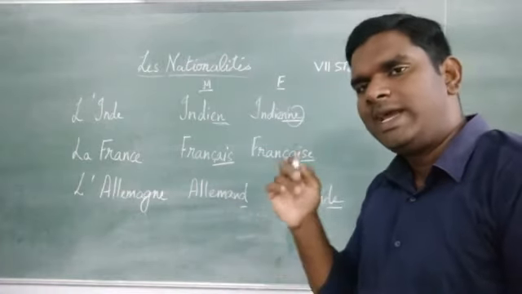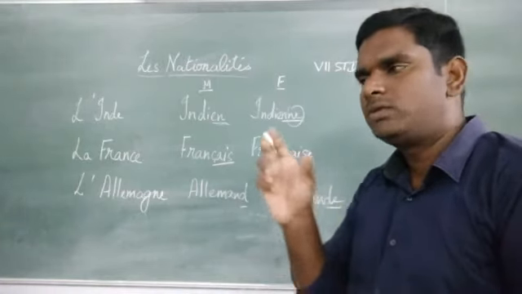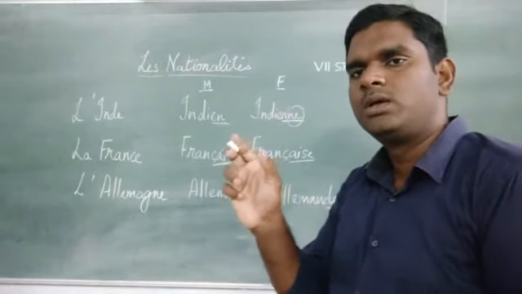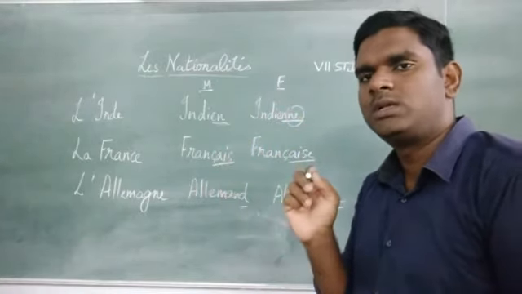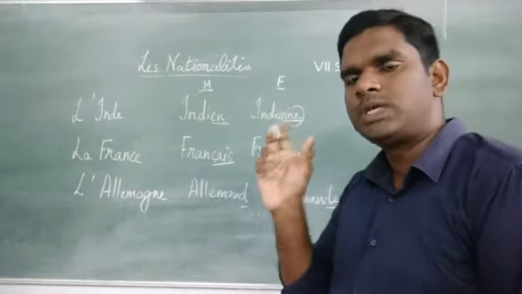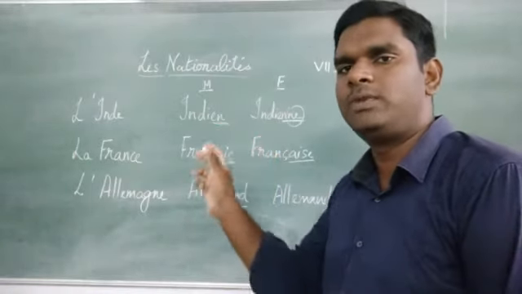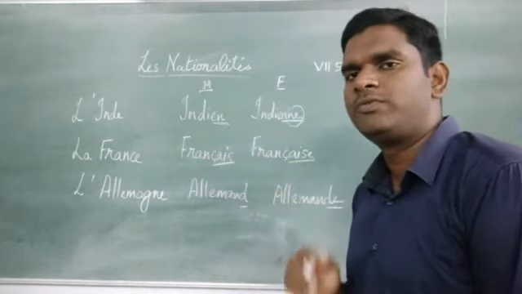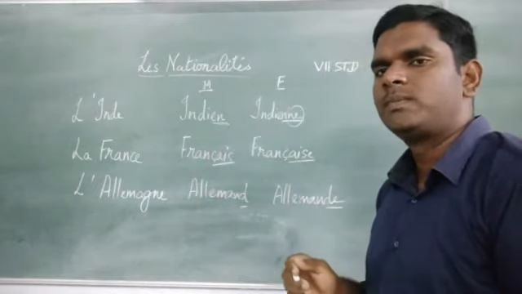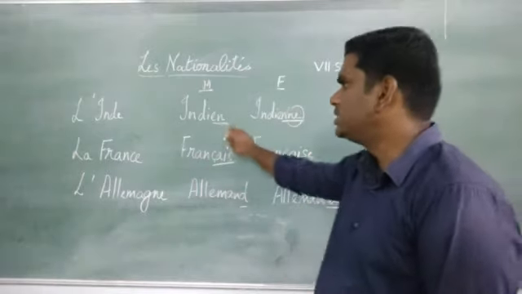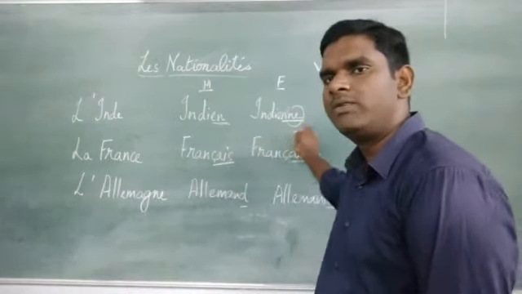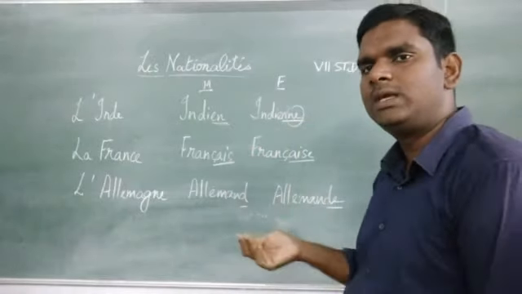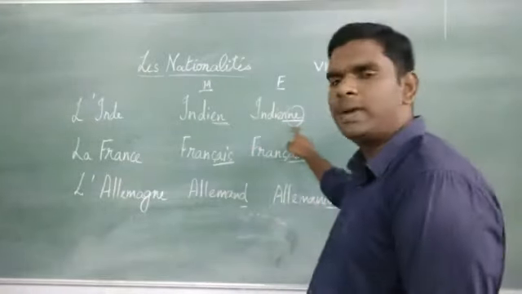When we write, we have to say she is an Indian; we cannot just say she is Indian. There should be some difference for male and female, and that gives clarity whether they are masculine or feminine. Indien has a single N, and when I make it feminine, it should be NNE. That's why I am adding NE.